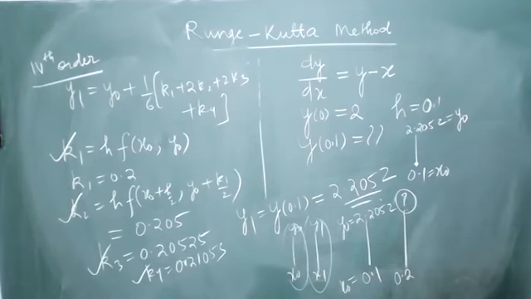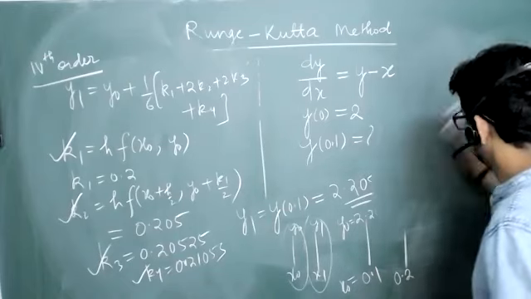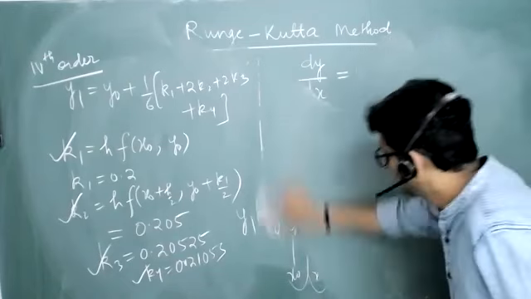Okay. So this was your Runge Kutta method, second order and fourth order. This is one of the very popular methods in numerical technique.